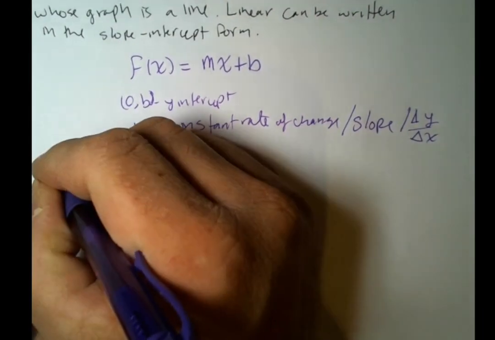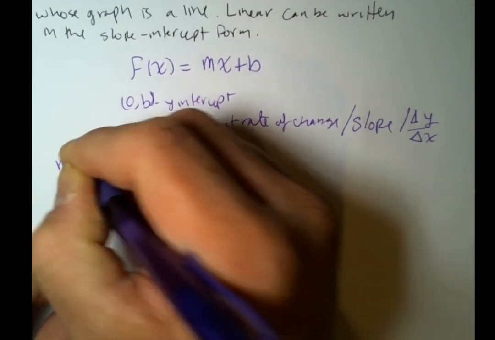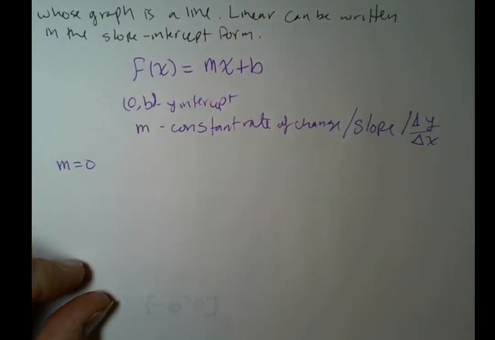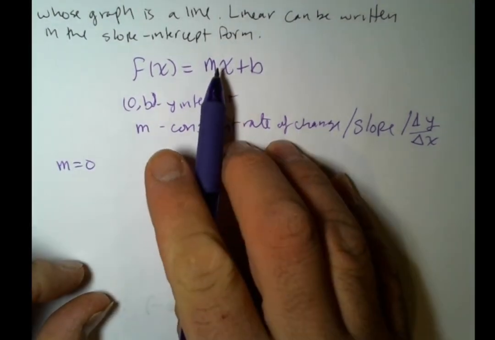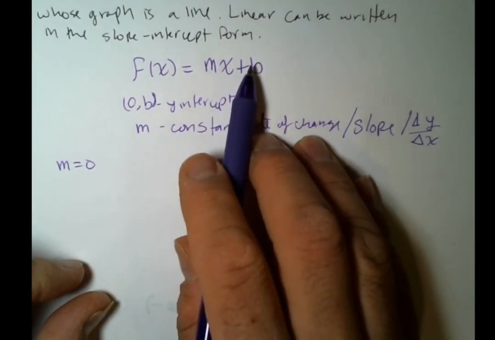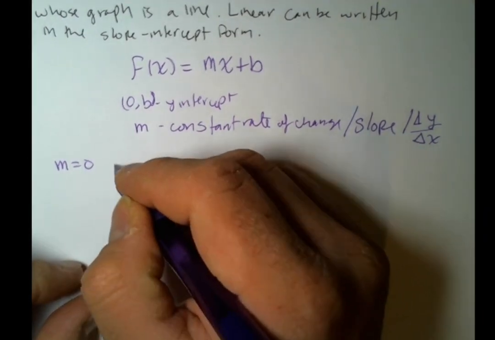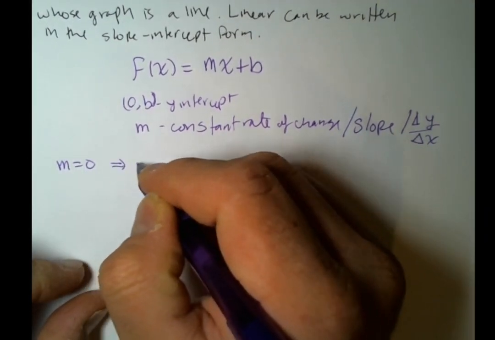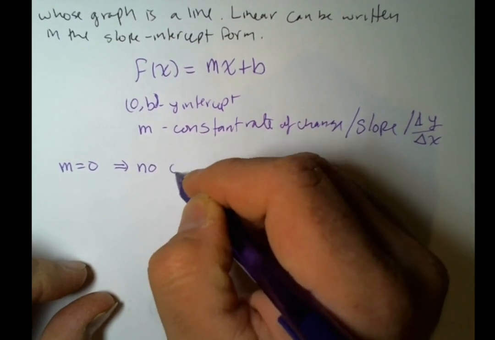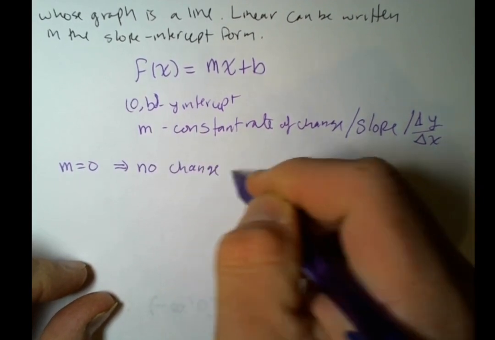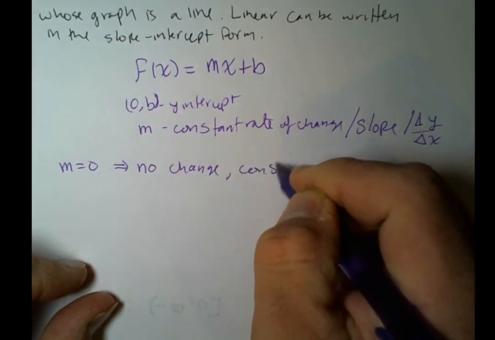Now, if m is equal to 0, there is no change. The variable would go away and we would have just a constant, a constant function. So when m is 0, that corresponds to no change. In other words, we have a constant function.